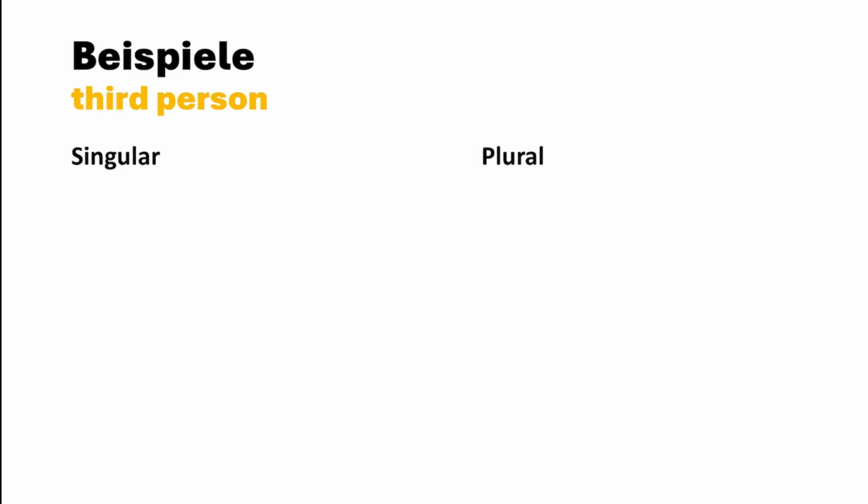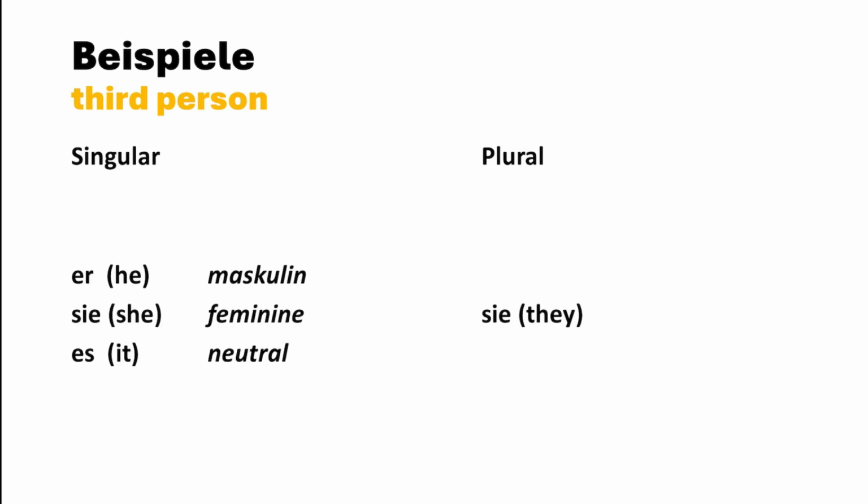Finally, let's look at the third person. So, talking about someone. So you're not talking directly to them, or not about yourself, but about someone, a third person. Singular case, this would be er, he, sie, she, or es, it. And this sie is spelt with a small s.